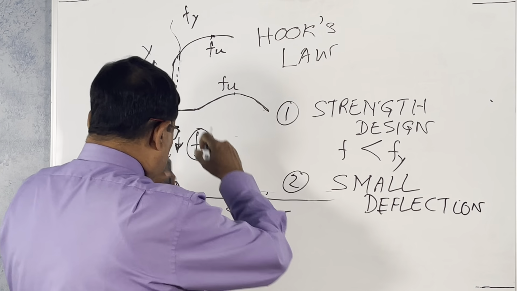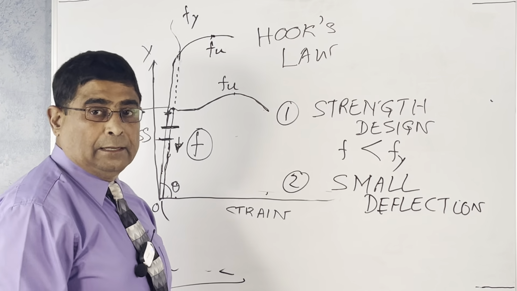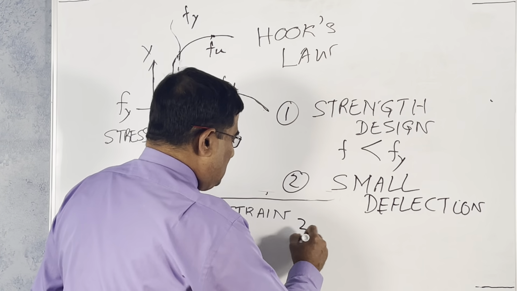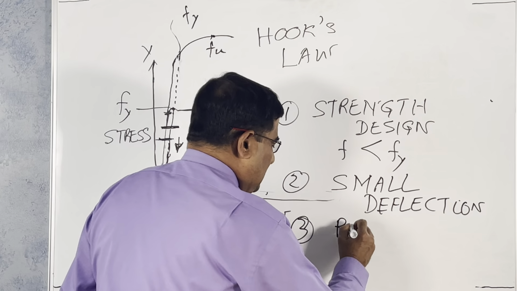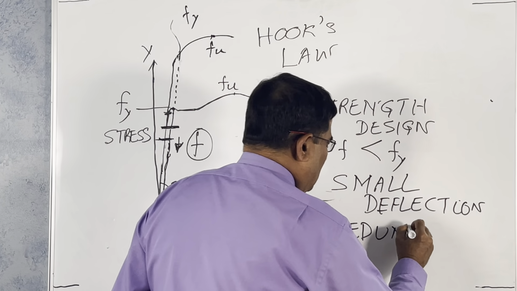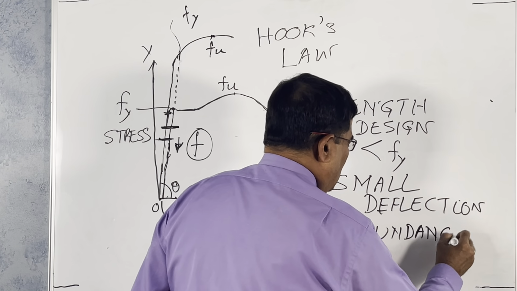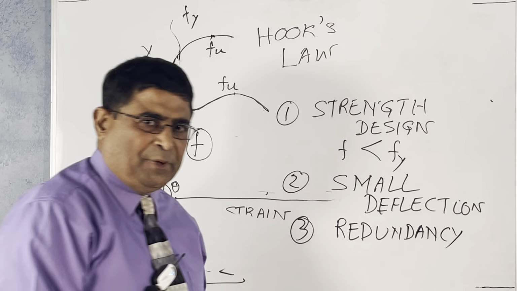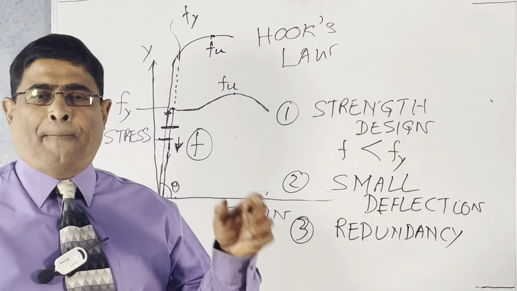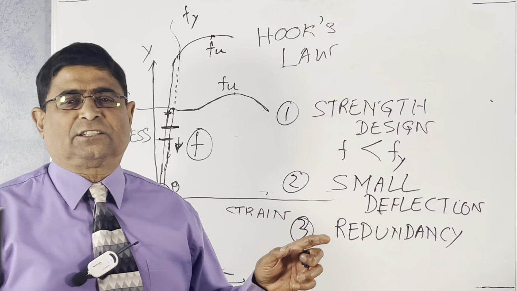This also reduces the stress. It further reduces it. And third is redundancy. There's another thing, which is redundancy. What is redundancy? That means you use more members than required to make the structure stable.